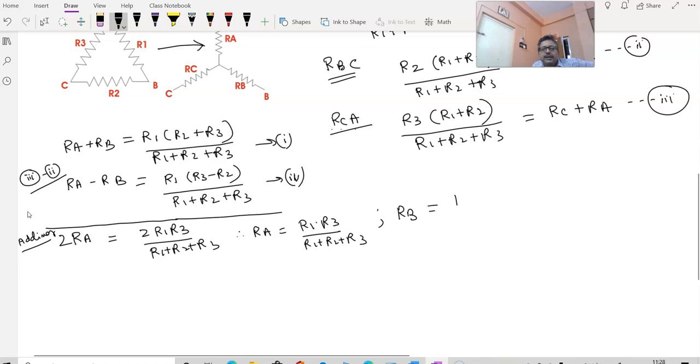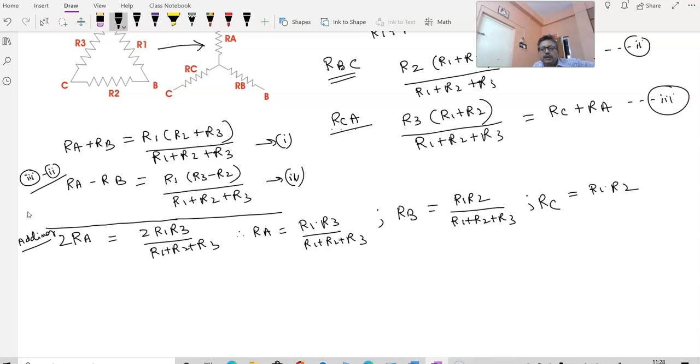So it will be R1 R2 by R1 plus R2 plus R3, and RC is equal to R2 R3 by R1 plus R2 plus R3.